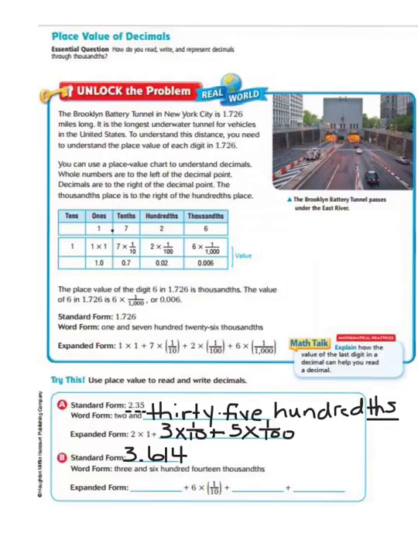Our expanded form is, we have to start with our whole number of 3 times 1, because we only have 3 ones, plus 6 times 1/10, plus 1 times 1/100, plus 4 times 1/1000.